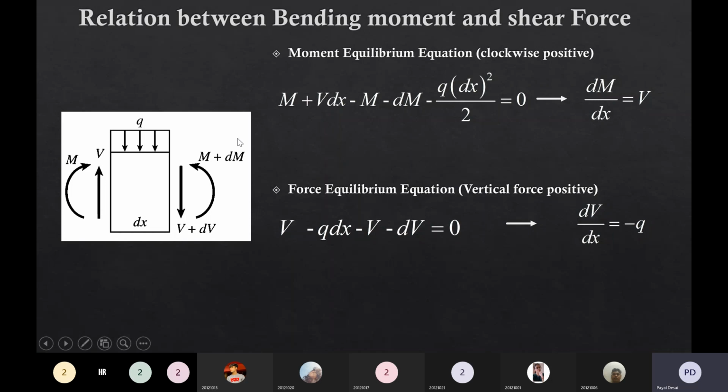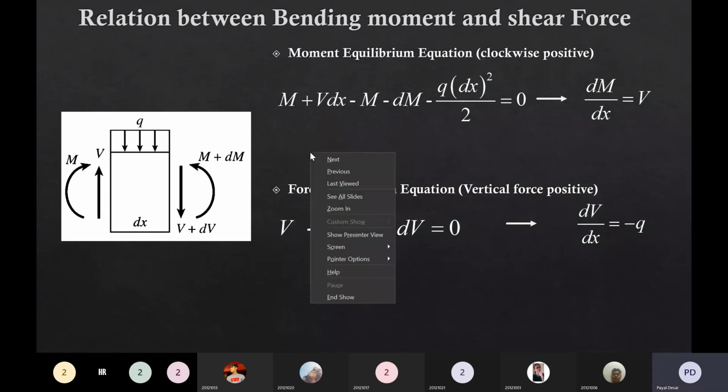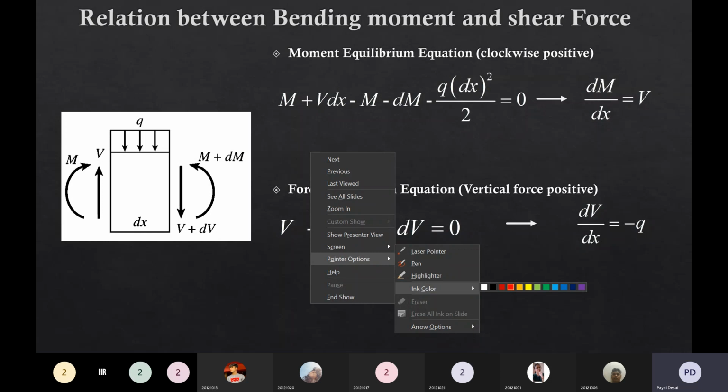So in this diagram, you may see that a free body diagram is being taken.